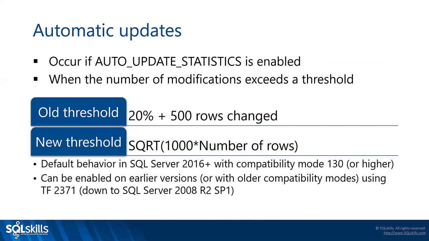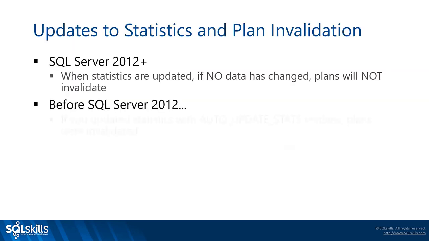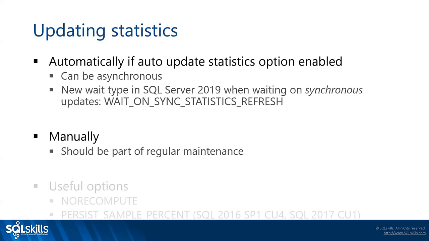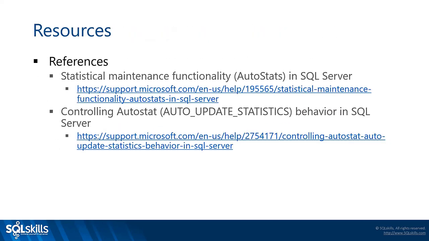So that new threshold, if you want to use that and you're running 2016 and you're running compat mode 100, you need to use 2371. And actually the resource, come down through here in my resources, this second post, controlling auto stat behavior in SQL Server, talks about that specifically.